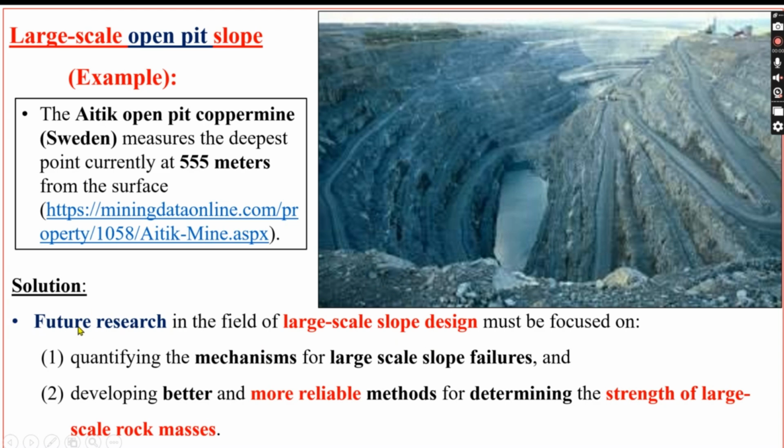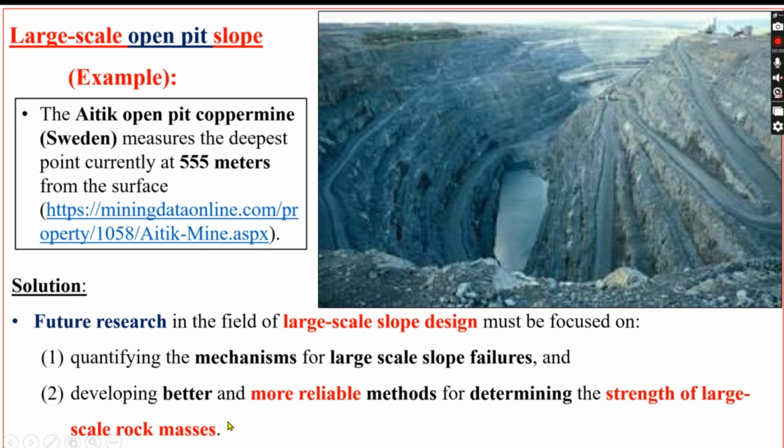Future research in the field of large-scale slope design must focus on quantifying the mechanism of large-scale slope failures. Further research is required in order to handle failure of the total slopes, but for local failures or bench face slopes, it is possible to apply Q-slope and also other methods.